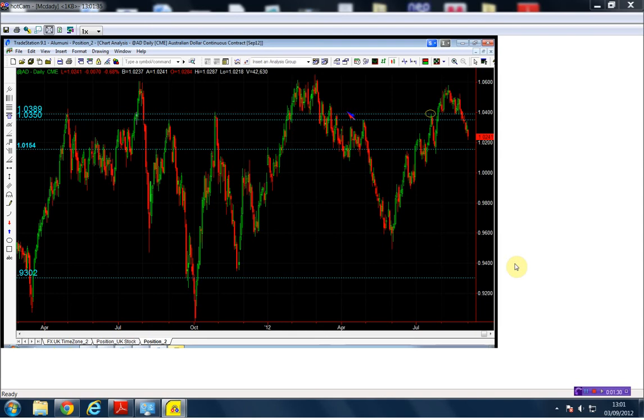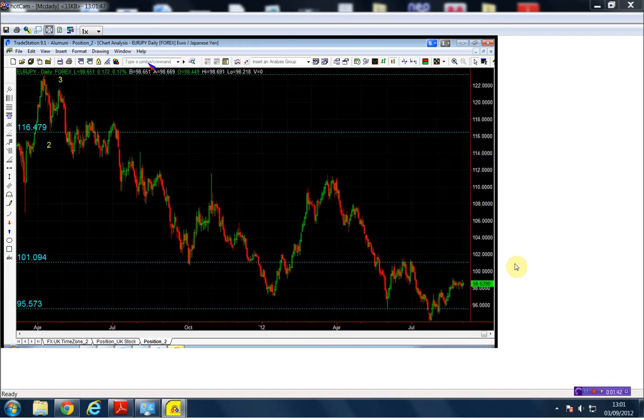When we are dealing with a currency, as I said before, I'm just using this quickly. If I type, for example, the euro yen, that is the chart for the euro yen, but there is nothing called the euro yen.